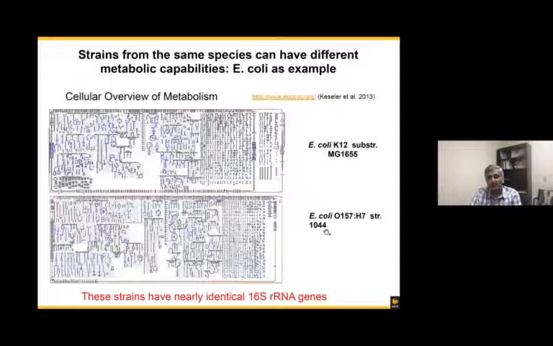One is a human pathogen, the other is not. If you look at the genomic composition, a third of the genome is quite different between them. Yet at the 16S level, they're nearly identical. So it is important to observe that 16S does not tell you anything about the functional capabilities of organisms, and one has to be careful about over-interpreting 16S data.